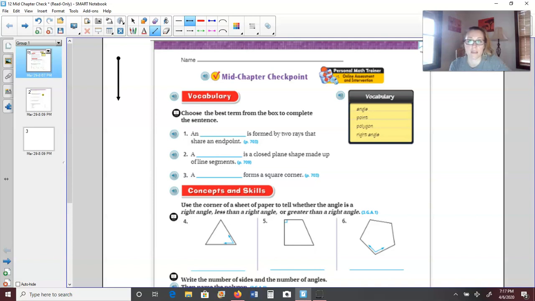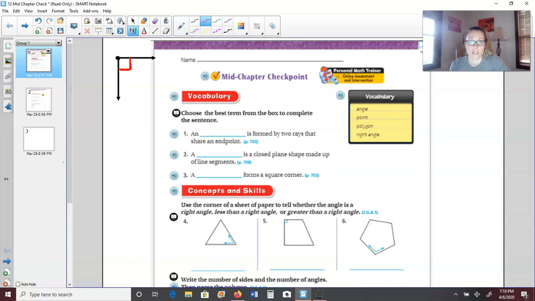And it has an end point as shown by what I like to call the little stop sign at the end. But when we join two of these rays together, as I just did, we get the space in between right here, and that's called the angle.